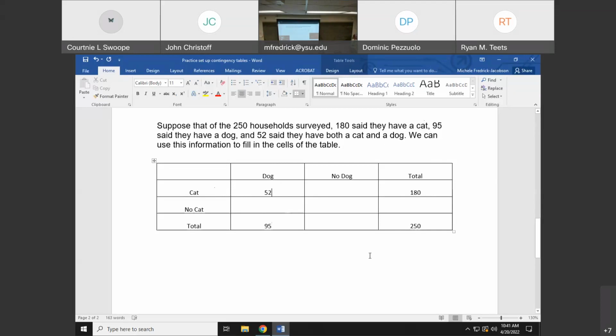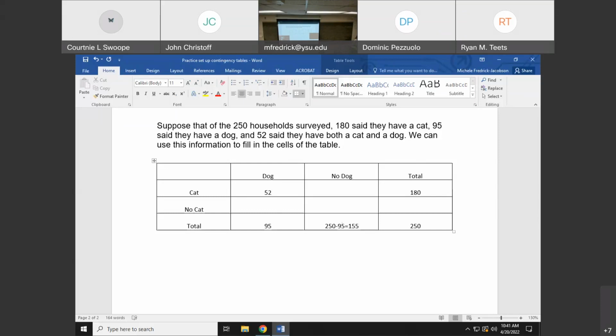Can we find everything else? I like to find my bottom and my totals first if I can. Sometimes you have to do more work inside first, but we could find how many people do not have a dog. What we did was we took the 250 and subtracted 95 to get 155.